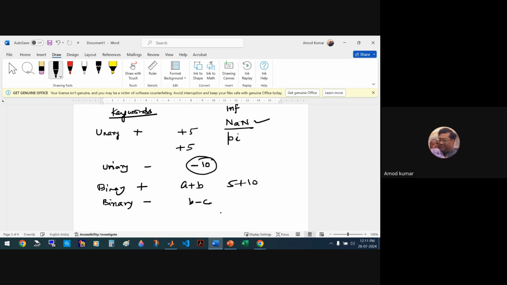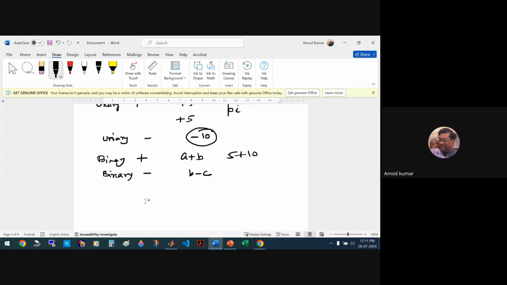B minus C, like that. So whenever you write D equal to B minus C, C will get subtracted from B, and whatever is the result will be assigned to D. So that is subtraction.